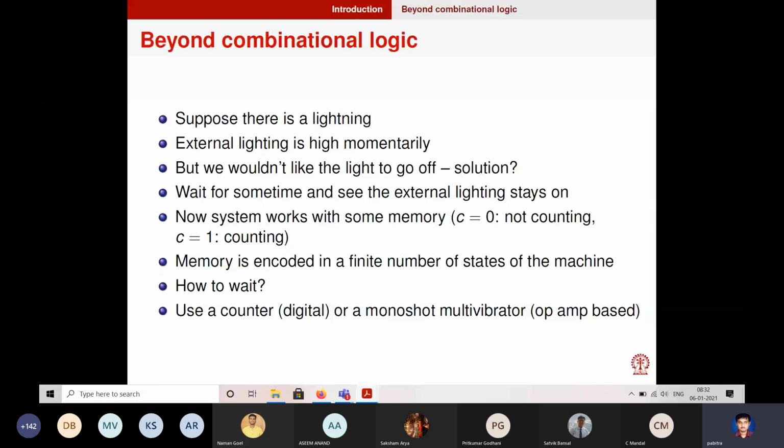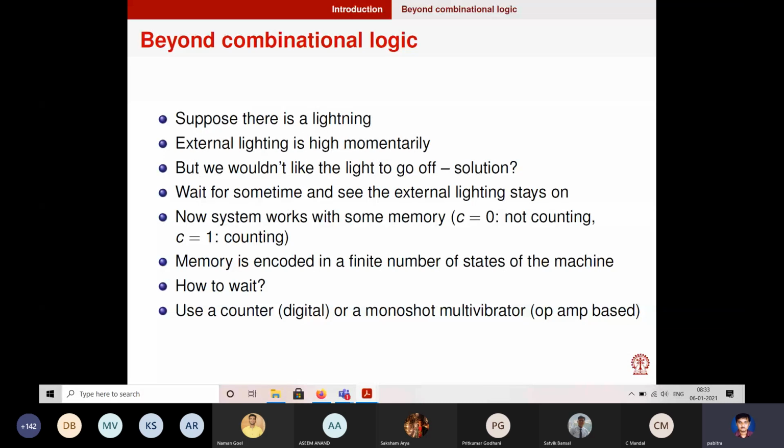That's the next part we will study. This can also be something like a monoshot multivibrator, which is built using op-amps. So these are circuits which change between two states.